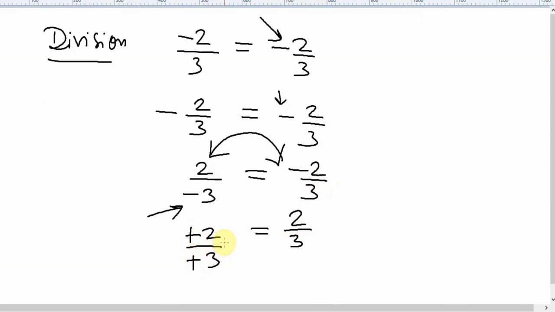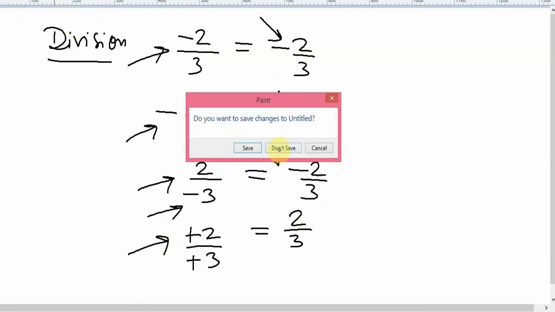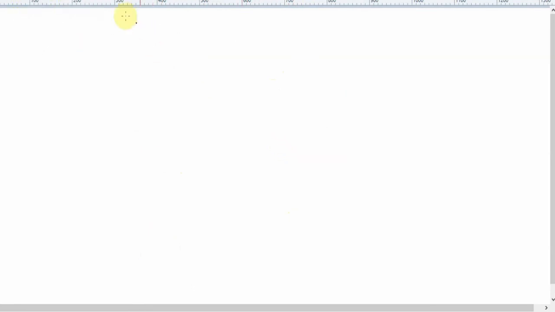So this is the behavior of integers in case of division. If there is one single sign, we can write it here, in this case and in this case also. But when both are negative, we make it positive. So this is about division. Now we come to how we add rational numbers.